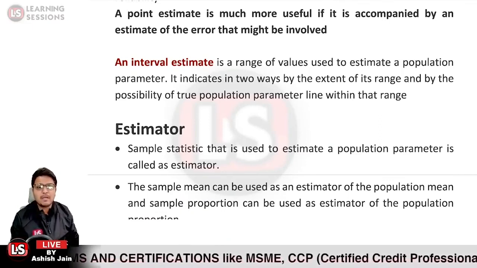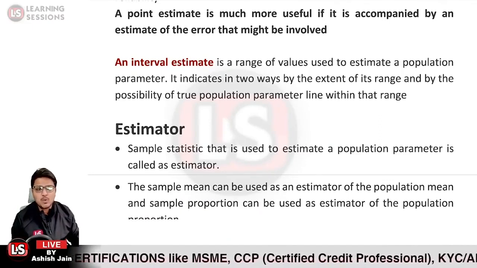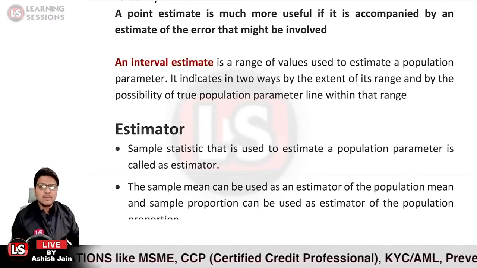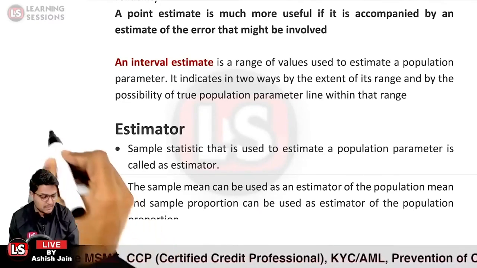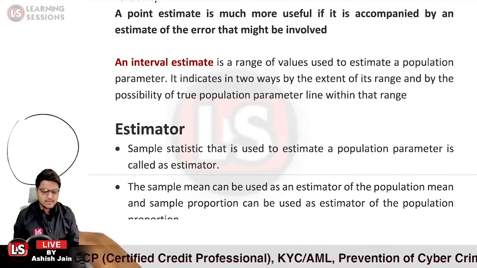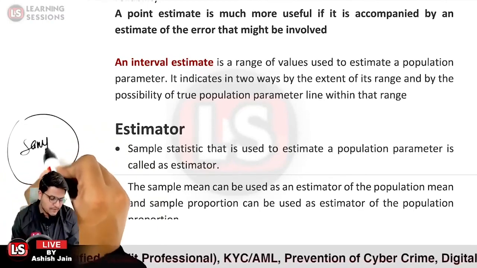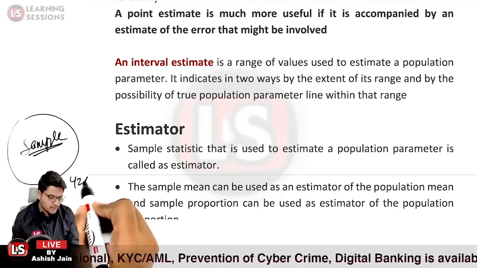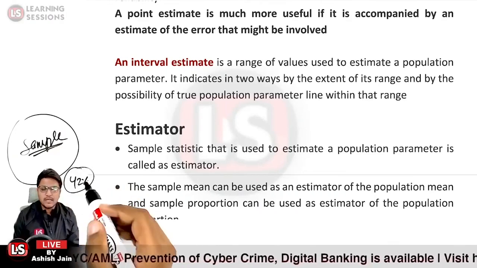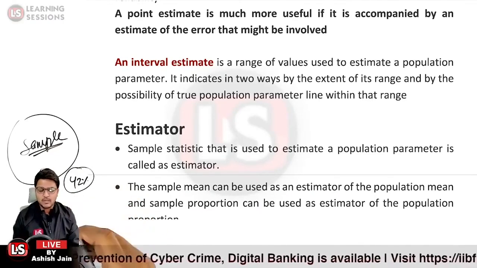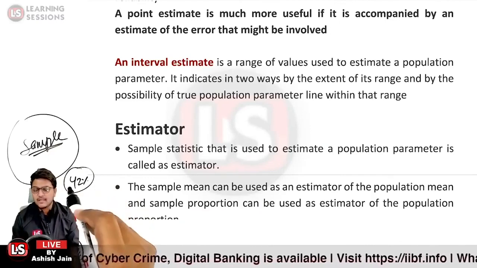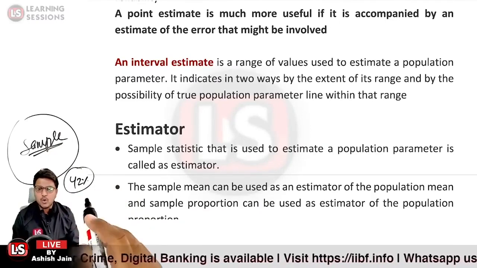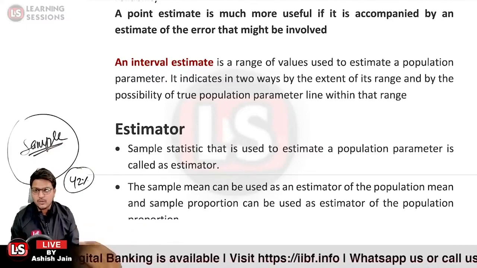And sample proportion can be used as an estimator of the population proportion. So if I have a sample over here, and if I say that 42% of the entities in the sample itself are literate but unemployed, okay, try to understand this particular concept.